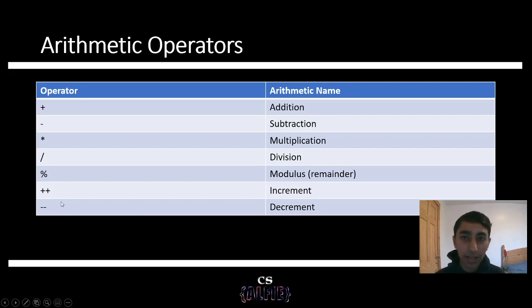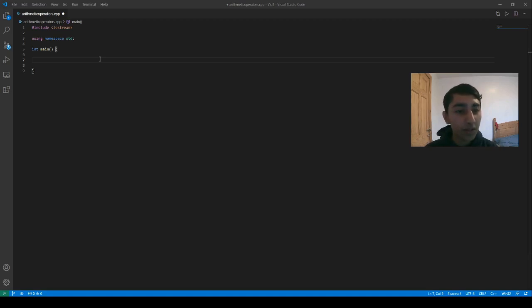Okay, so let's have a look at some examples in Visual Studio Code. The first operator that we will look at is the addition operator. This is really simple.